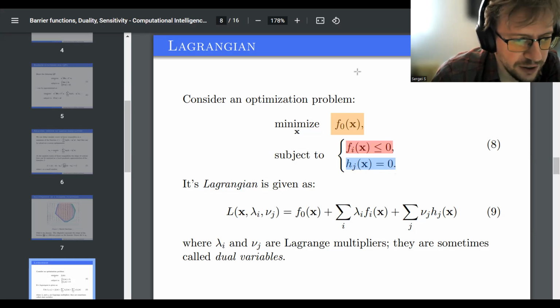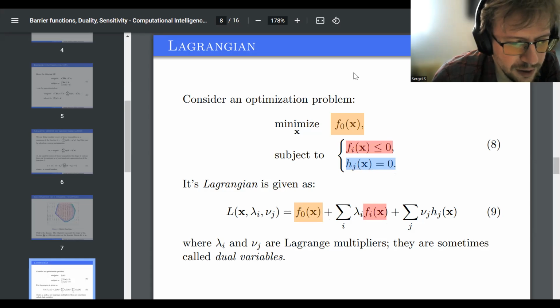The Lagrangian is given by the original cost function plus your inequalities times lambda, plus your equalities times nu.